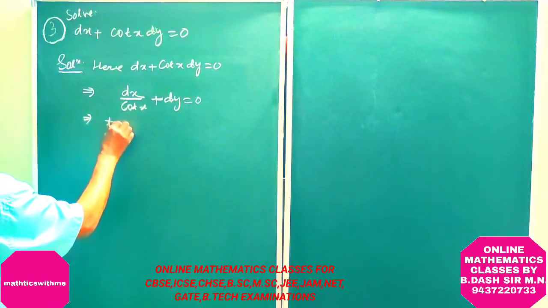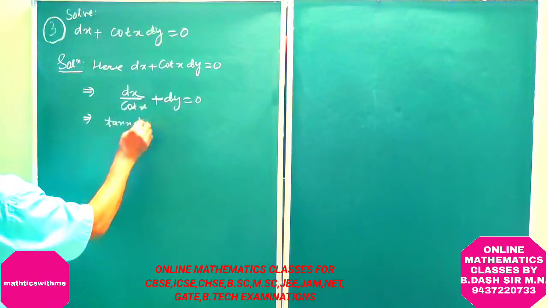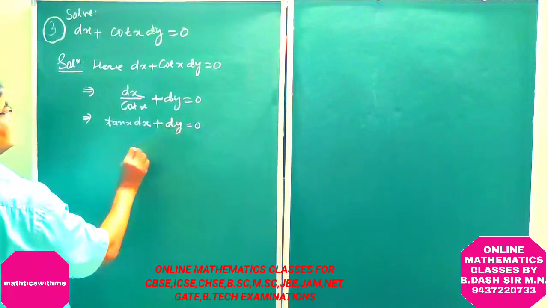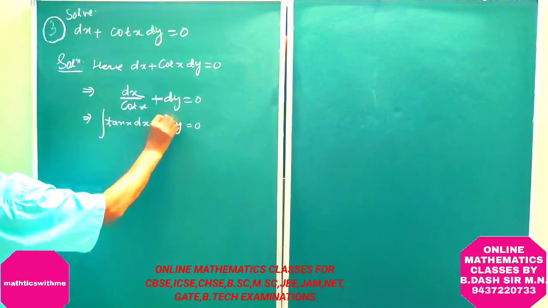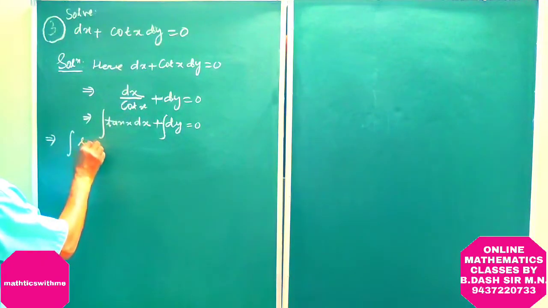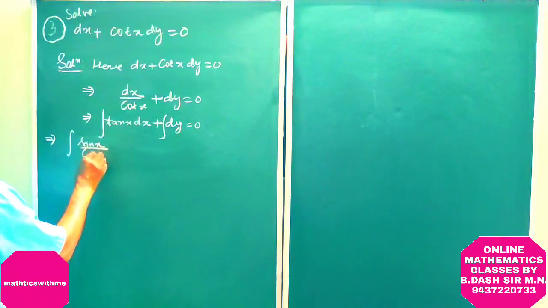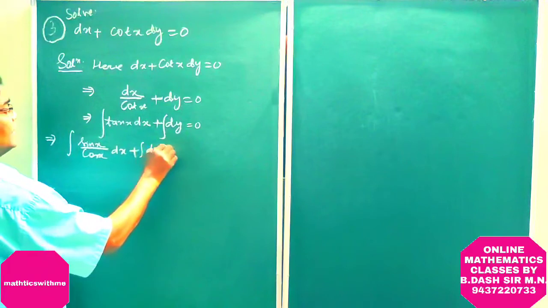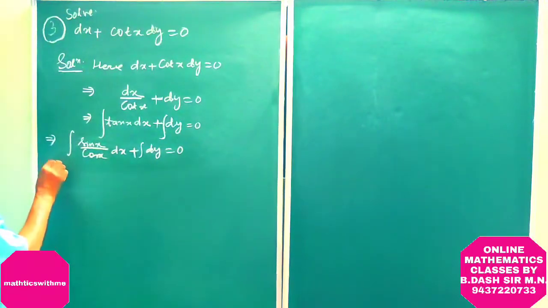This implies tan x dx plus dy is equal to 0. Now integrating, this implies integration of sin x by cos x dx plus integration of dy is equal to 0.